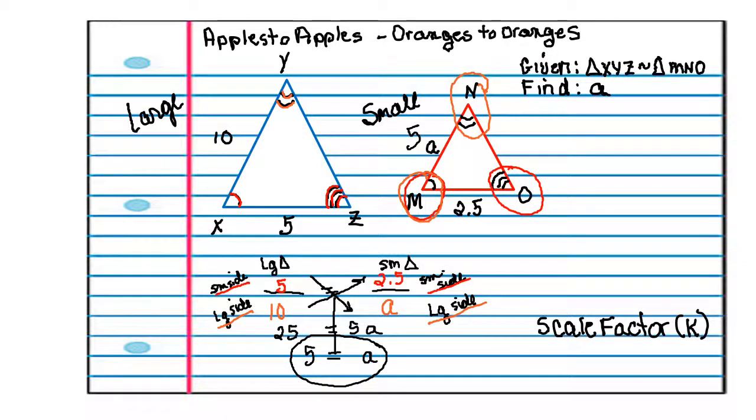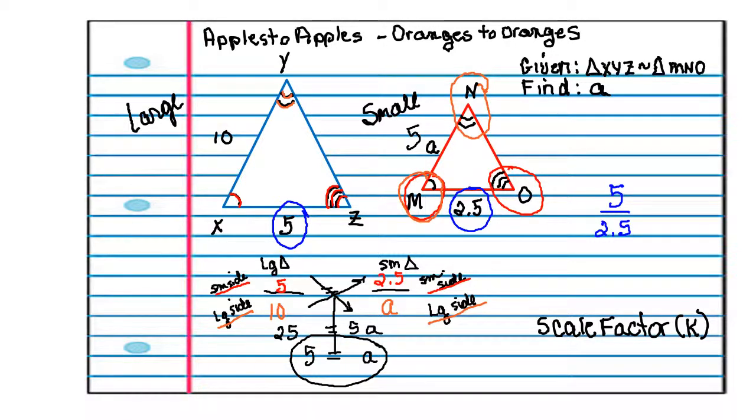Now, another way that you can do this is by discovering the scale factor. For instance, two of the sides that we have on my large triangle to my small triangle is the 5 to the 2.5, which is how I'd set up the ratio. Because I talked about big to the small, that's what I'm going to do. Remember, that's how the ratio comparison is.